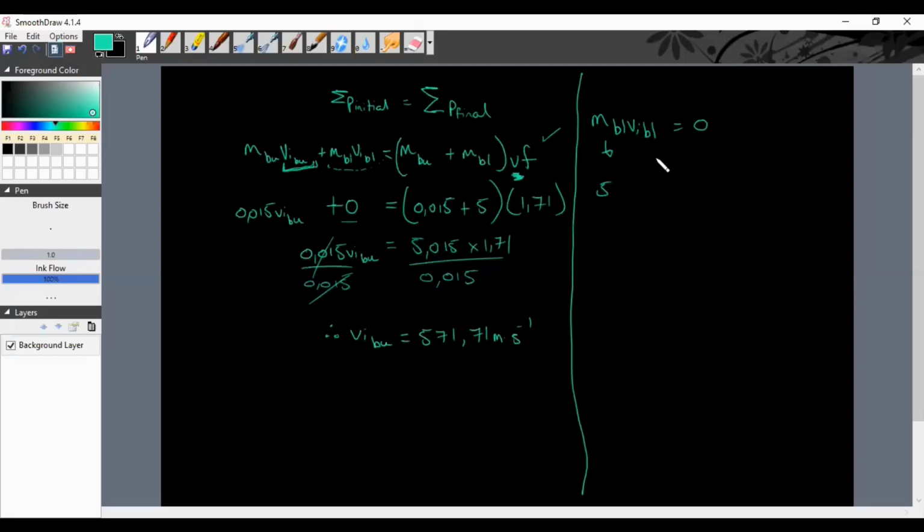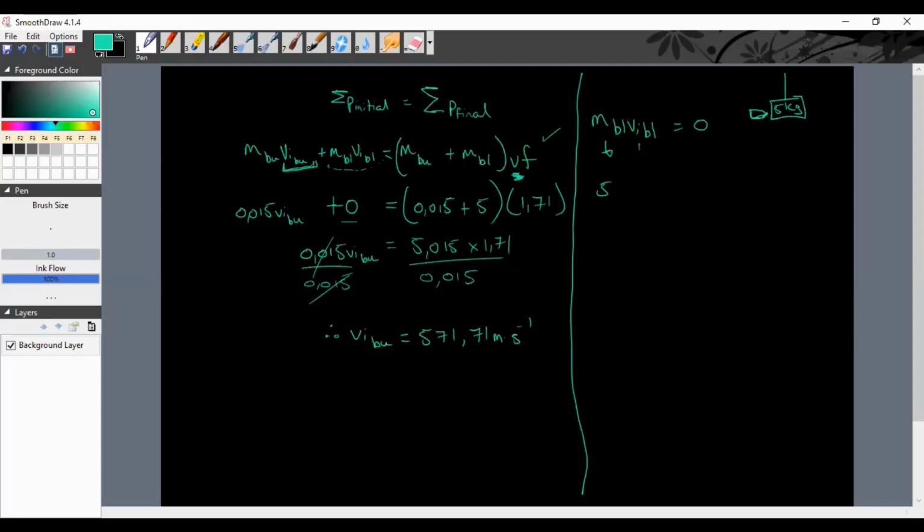But in terms of the block itself, when it was suspended from the cord, I'll just draw the block. It was stationary. The bullet was entering the block over here on this side. The bullet had a momentum because it had a mass and it had a velocity. The block itself was stationary.